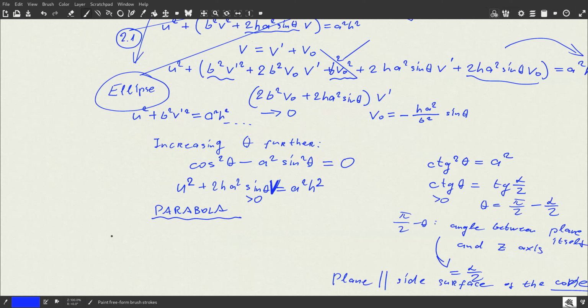We have arrived at 2.2, which is a parabola. 2.3: increasing theta further.